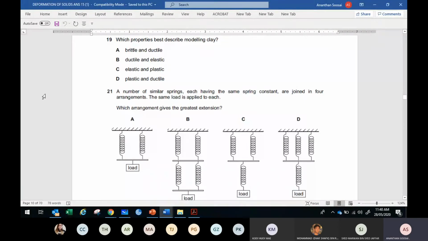So assume one spring with load X. Tell me how many X for A, B, C, D. Which will have the greatest extension?